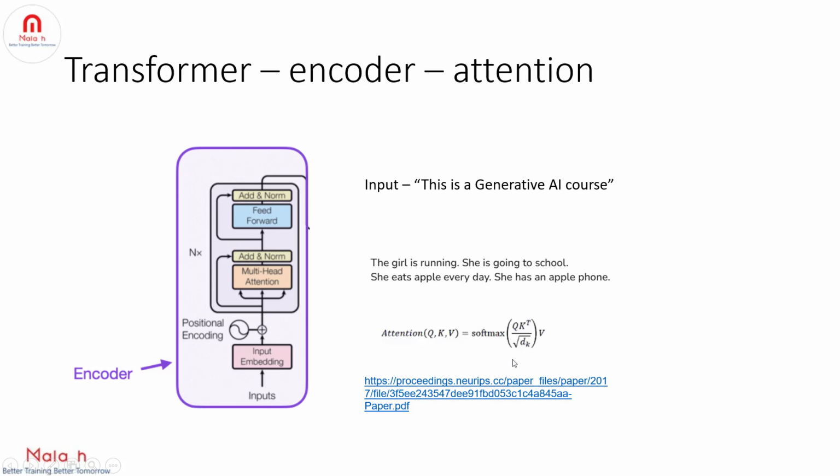And the attention score is query matrix multiplied by transpose of key matrix divided by dk, and we'll multiply this with value vector and we'll pass it to softmax, and this softmax is for normalization. So if you get a big value, we'll try to normalize using softmax, right? That is how you will get the value between 0 to 1 as an attention score. So this is the formula for attention score.